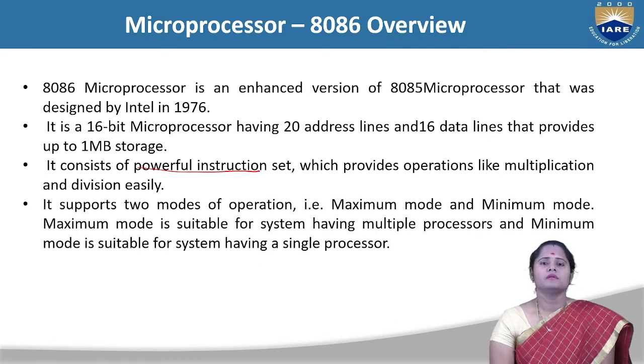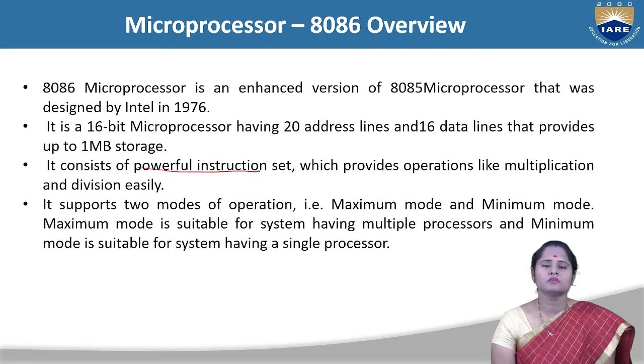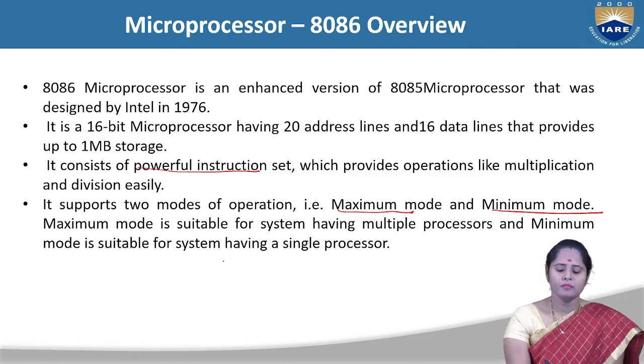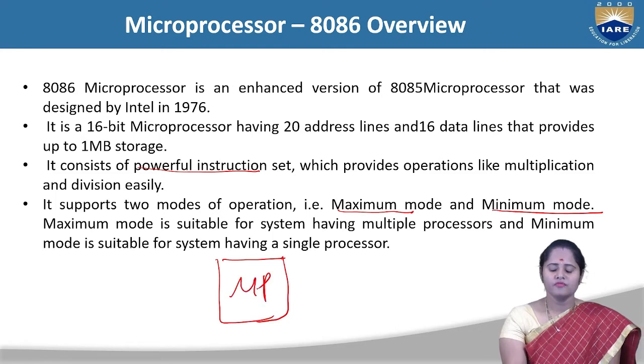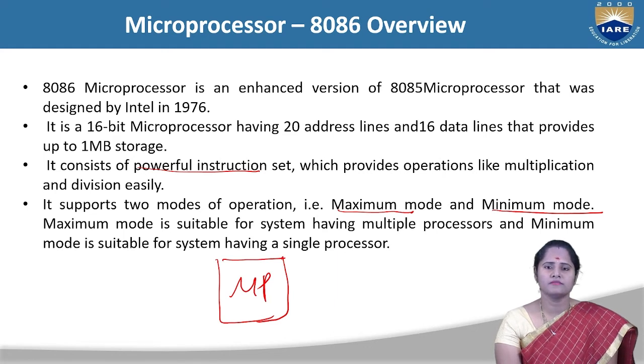Another advantage is that the 8086 microprocessor works in two modes, that is maximum mode and minimum mode. So what is maximum mode and minimum mode? You can see I have a microprocessor, and for this microprocessor I need to interface external devices.